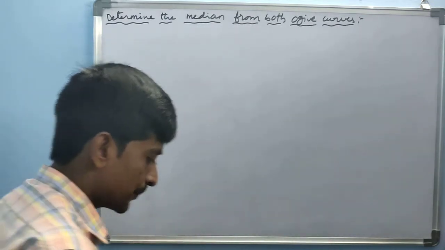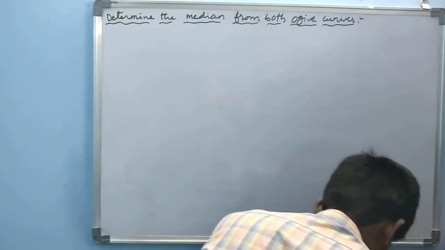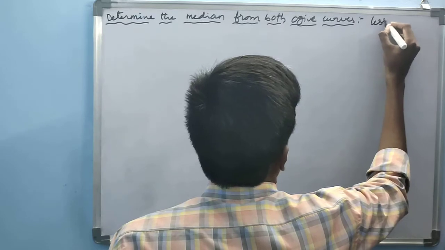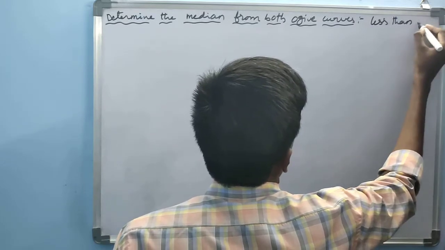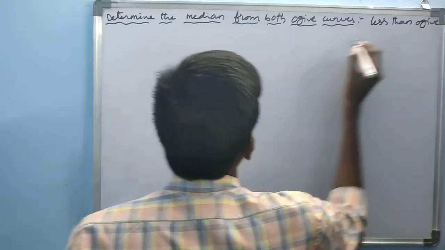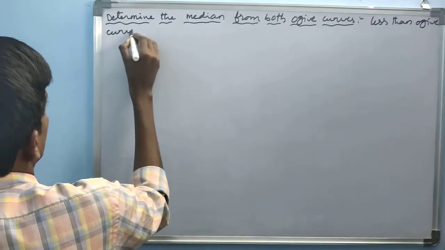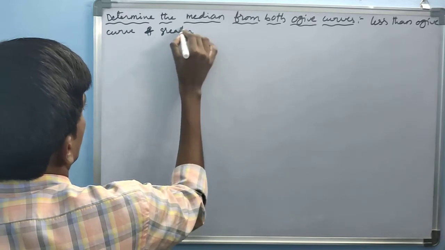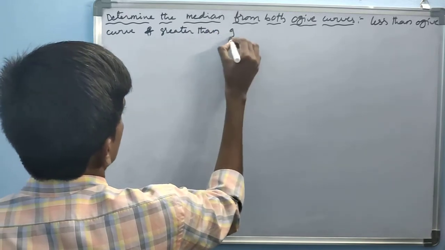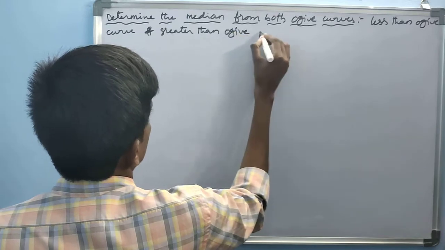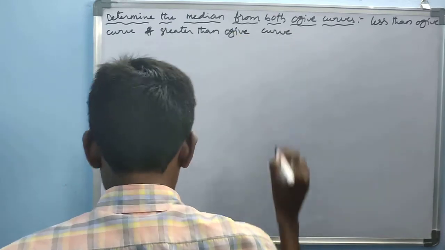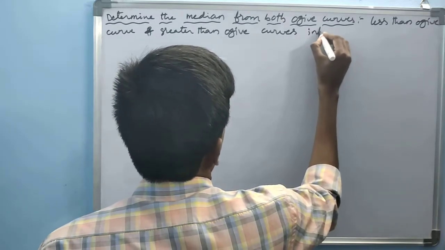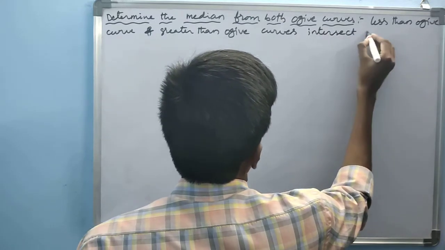How to find the median from both ogive curves? The less than ogive curve and the greater than ogive curve intersect at a point.